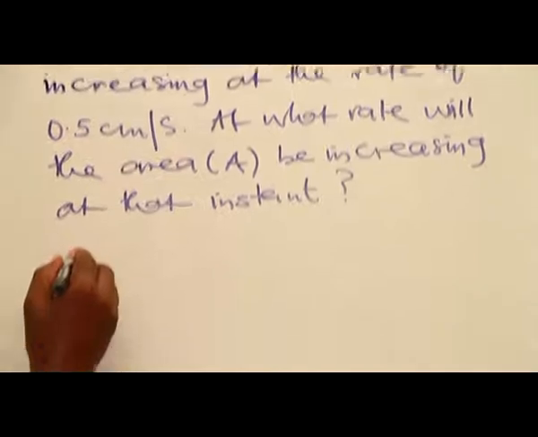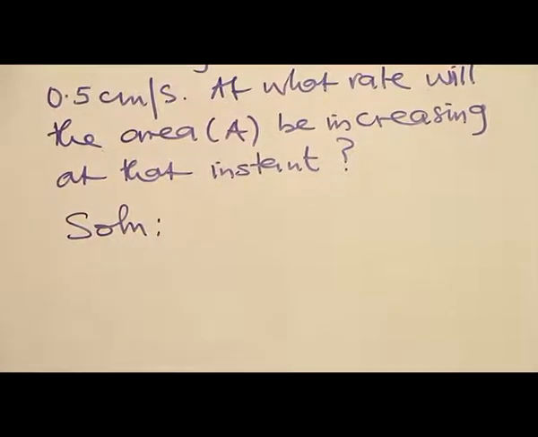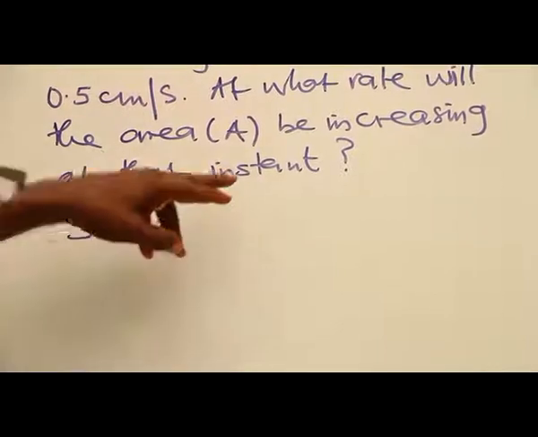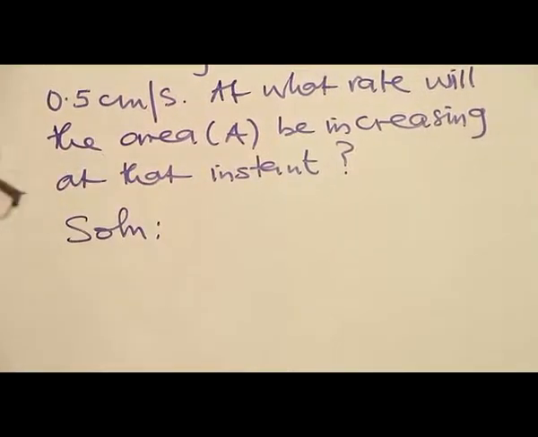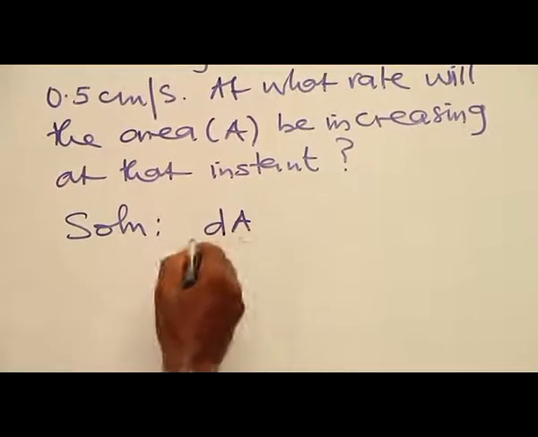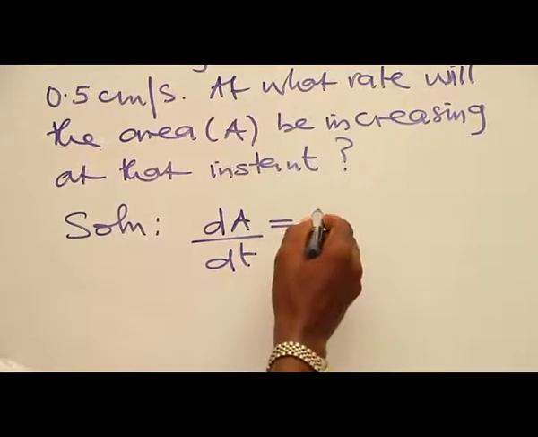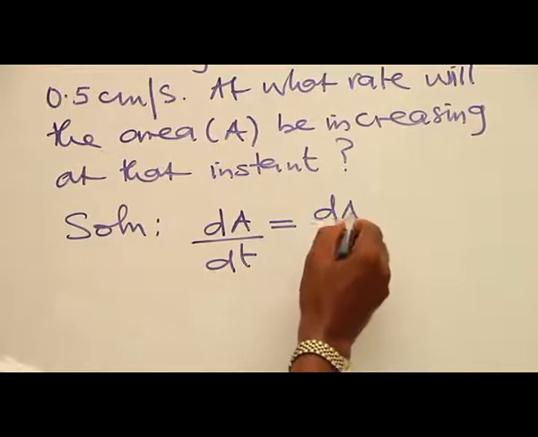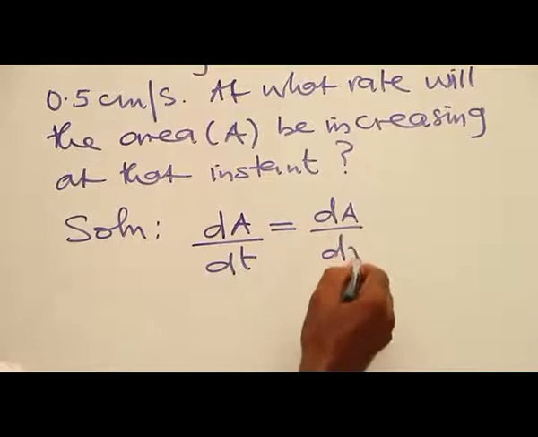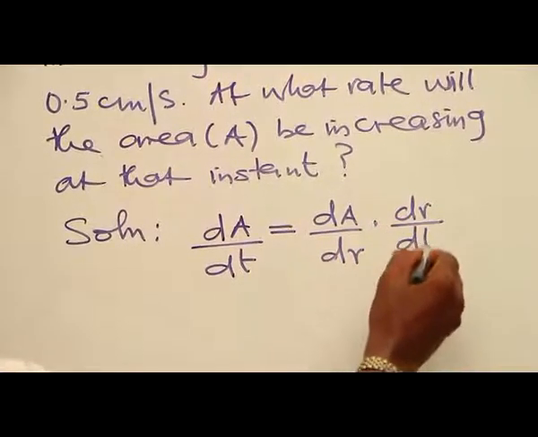Okay, we have here our solution. Our interest is to look for at what rate will the area be increasing. That is, we are talking about dA all over dt, and this will be equal to our dA all over dr times dr all over dt.